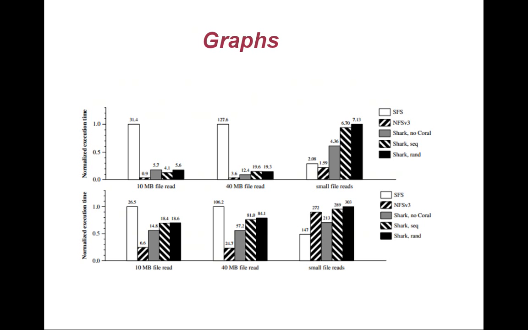You have these two graphs, the top one is the local area micro benchmark, and the bottom one is the wide area benchmark. All of the graphs show the execution times in seconds, and it doesn't seem like in this case that Shark showed very good results.